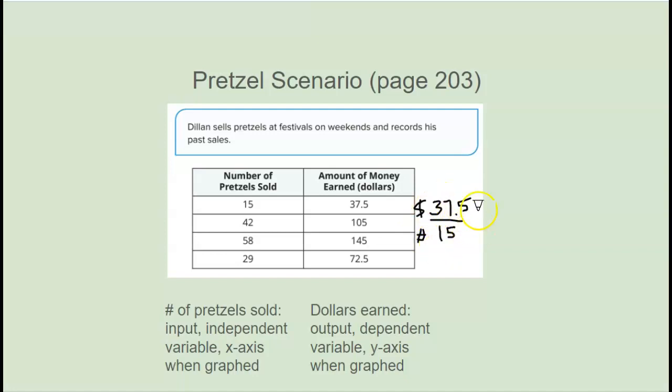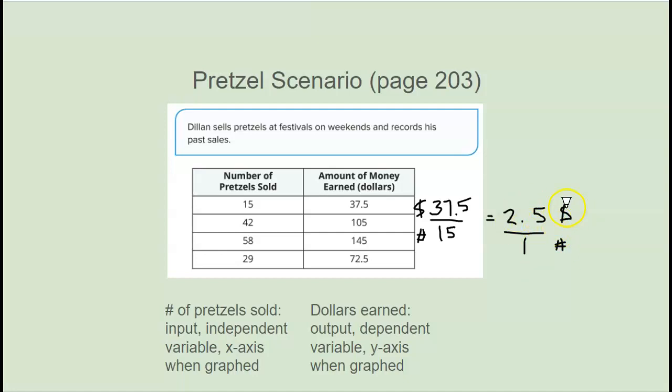And if you do that division, you'll get 2.5, but what that means is 2.5 over 1. So what that means is when he sells one pretzel, he makes $2.50.